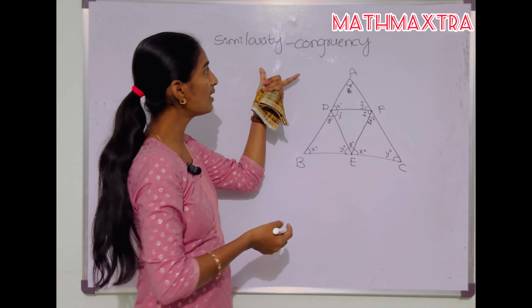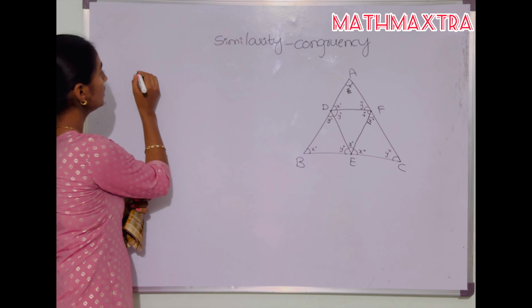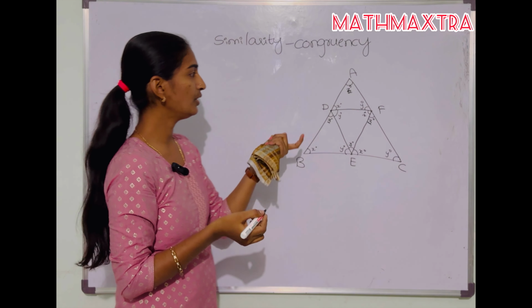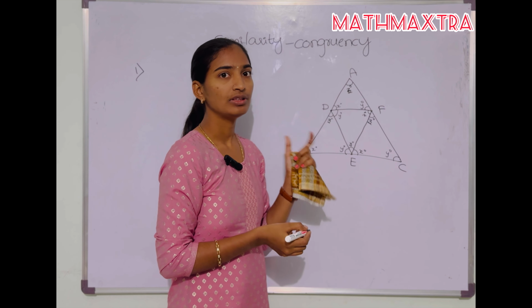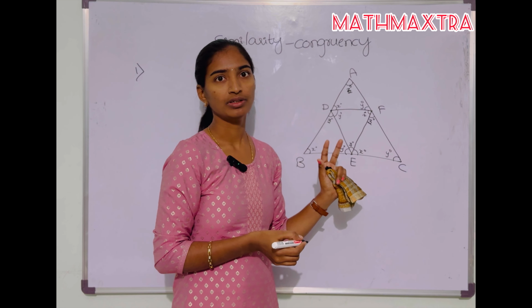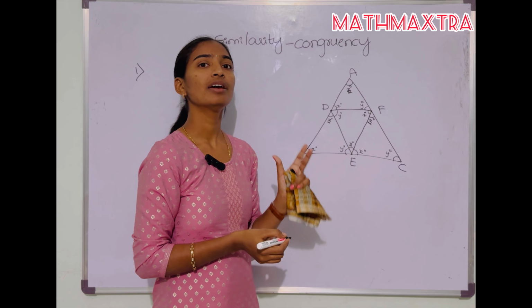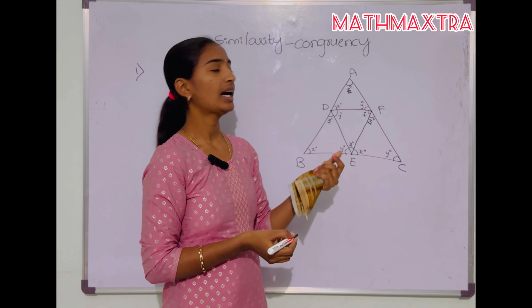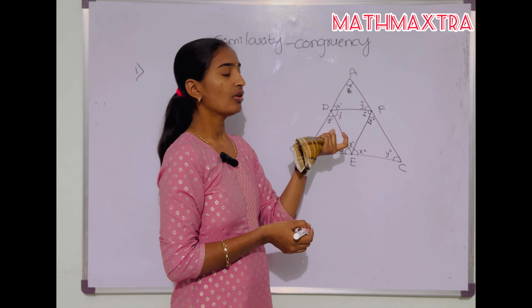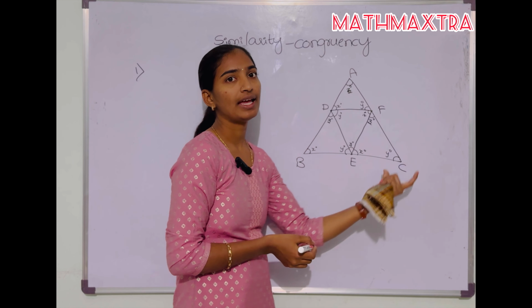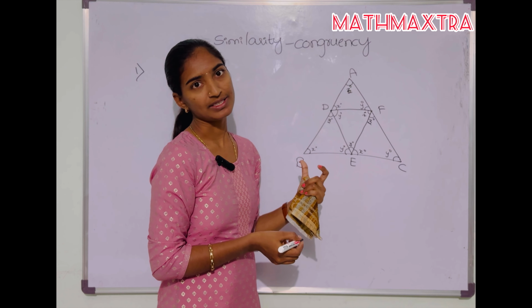First point: if you join the midpoints of all the sides, four triangles are formed. Those four triangles are congruent to each other, and each of them is similar to the given triangle ABC.